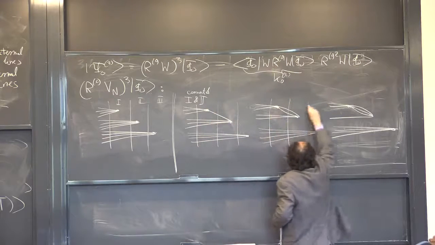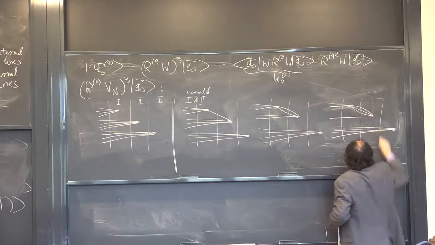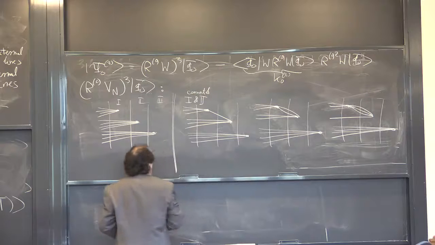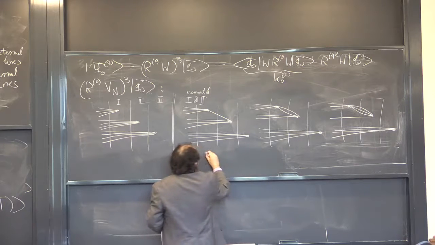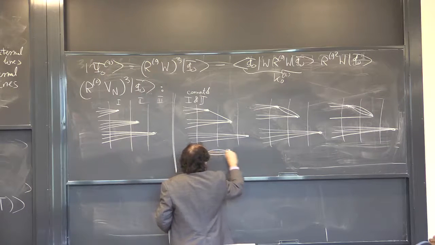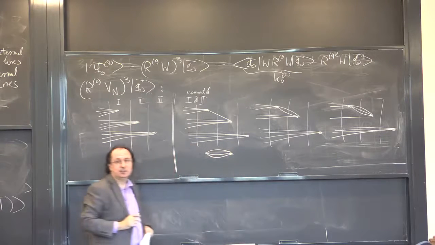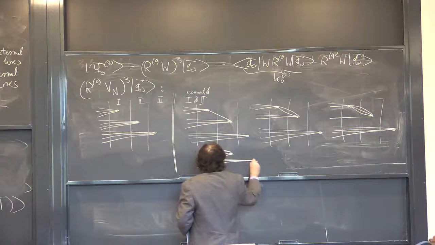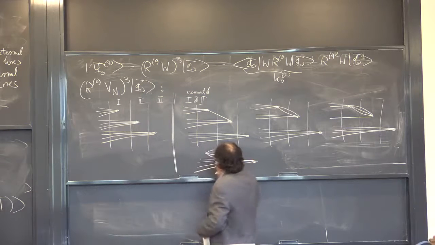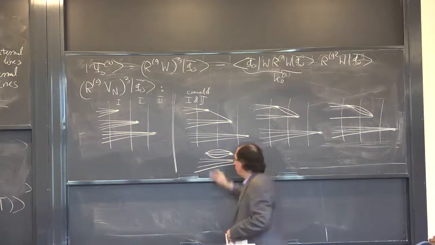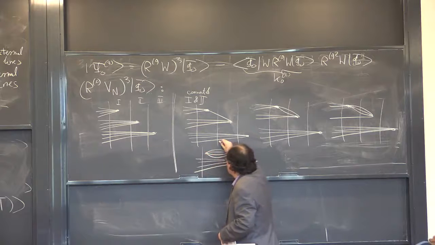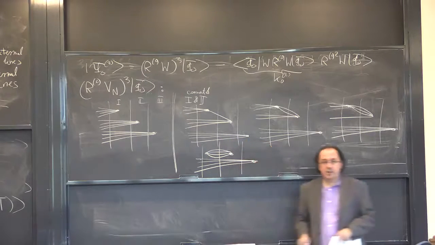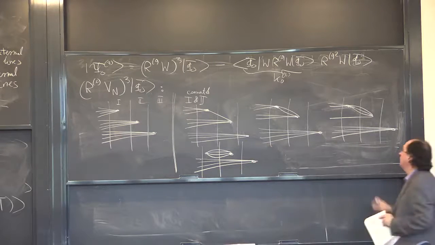I'm always doing this. Then we'll have the situation where we connect 1 and 2 completely, and then we have V. That's also allowed because the dangerous denominators are avoided. We have external lines, we have lines in the middle here. So everything is fine.